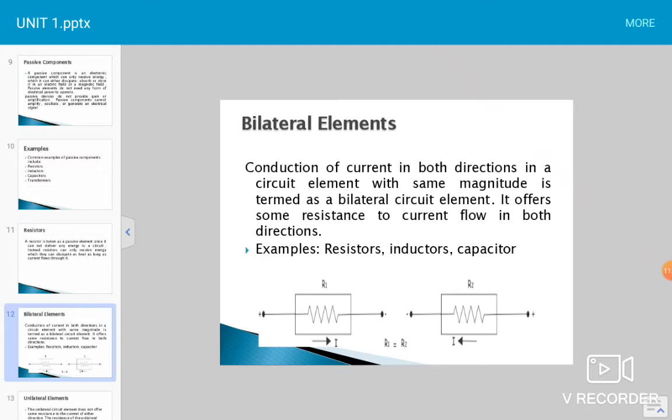It offers some resistance to flow in both directions. The example shown in this figure is an example of a bilateral network. One resistor is there, right? If you consider a circuit with two voltage sources connected in the circuit, then it might be a bilateral network.